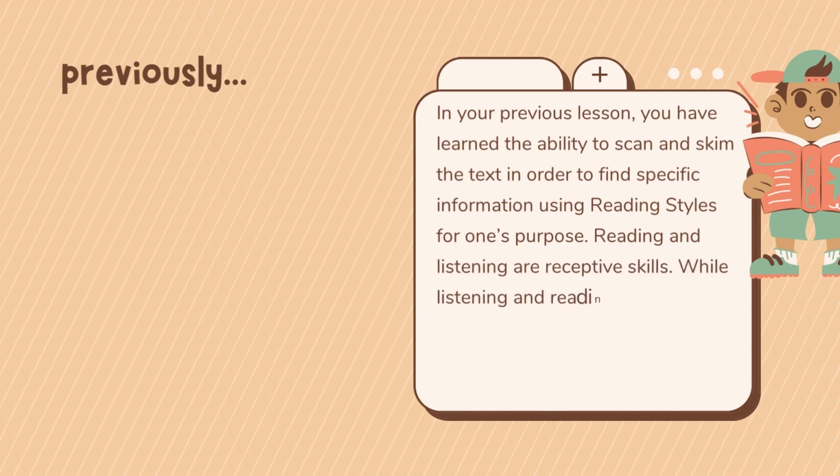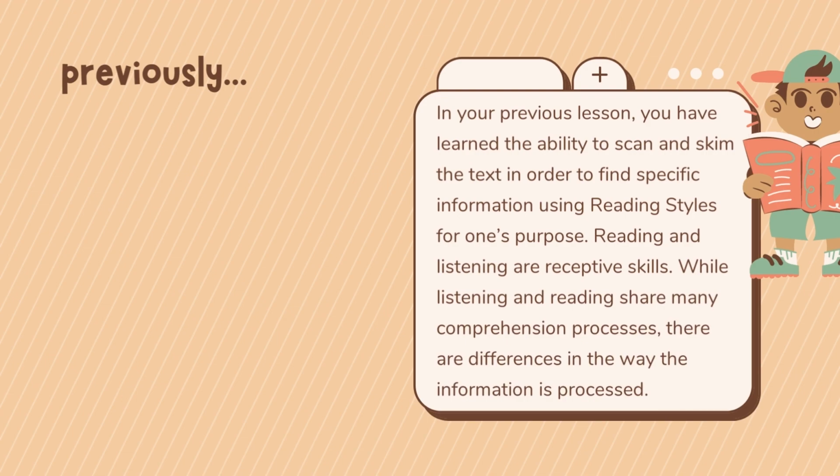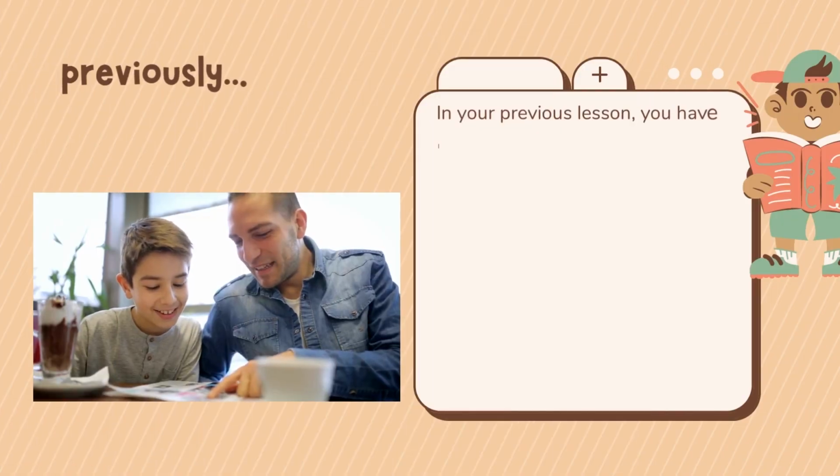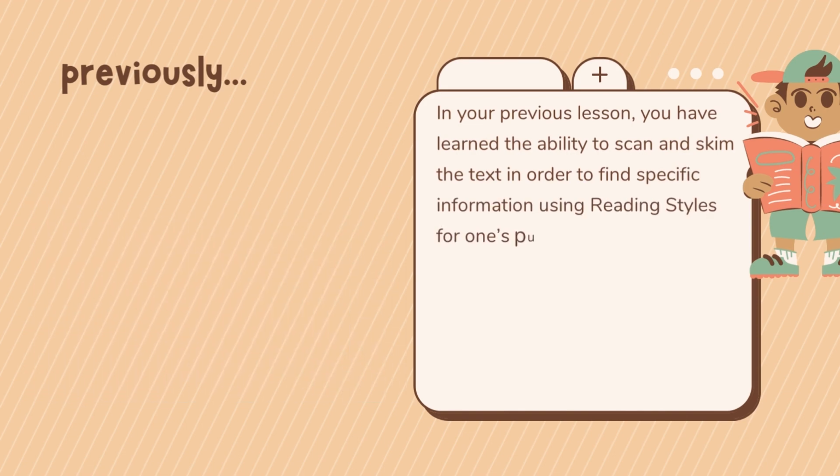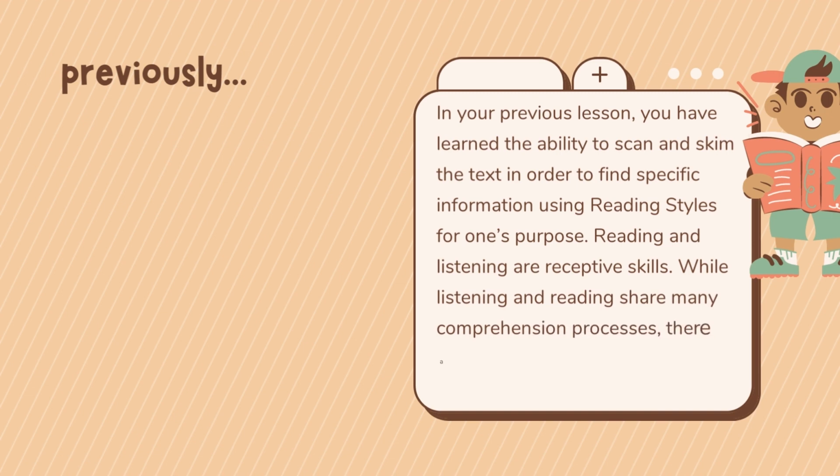Okay? Now, in your previous lesson, you have learned the ability to scan and skim the text in order to find specific information using reading styles for one's purpose. Reading and listening are receptive skills. So why do we say they are receptive? They are receptive in a way that we apply what we learned. Okay?